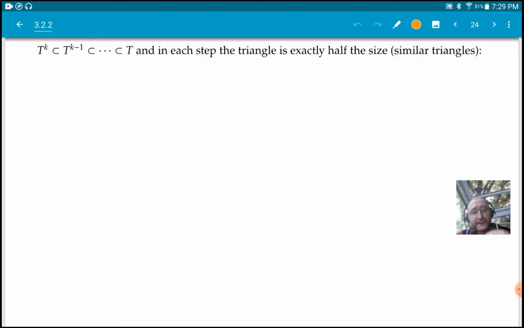All right, now all these triangles are nested. They're subsets of each other. We keep cutting the triangle in half. These are similar triangles, we're cutting all sides to a half. That means that the diameter, the largest distance between 2 points in the set, is always a half of the previous one.